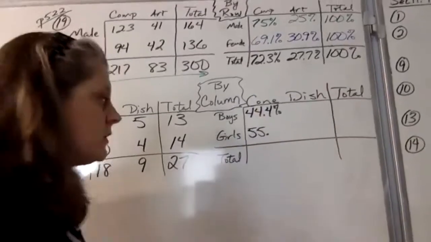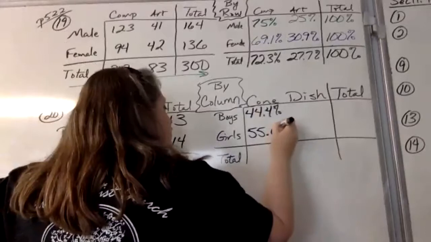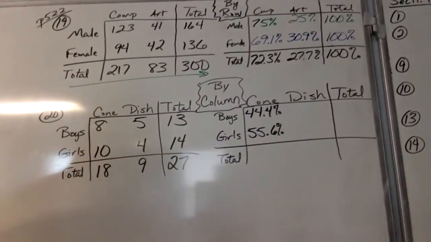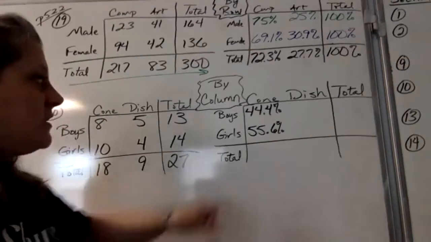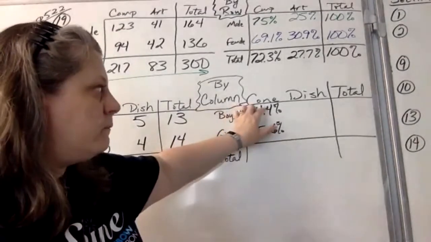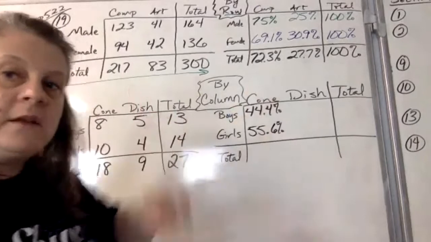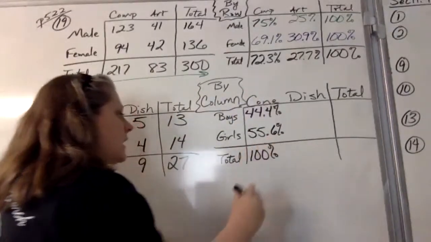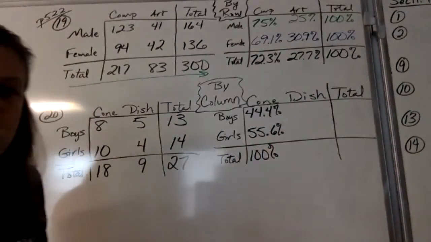Yeah, so it's going to be 55.6%. If I add these together, this is 99, and then 0.4 and 0.6 is 1.